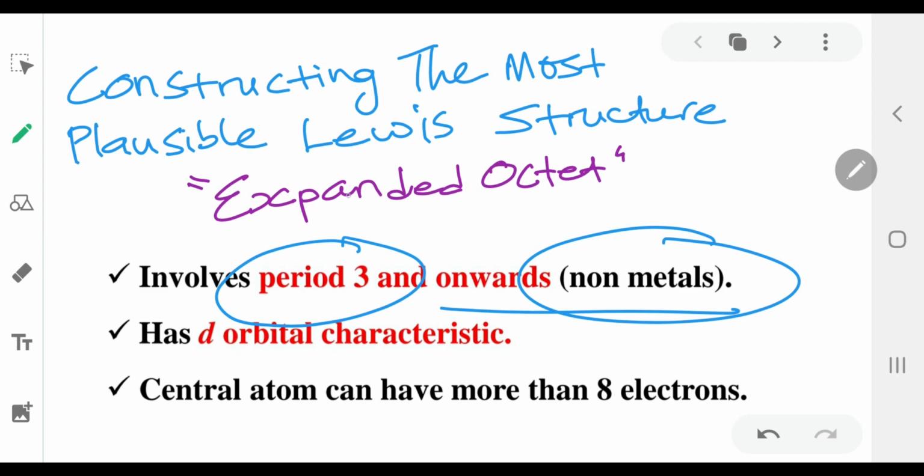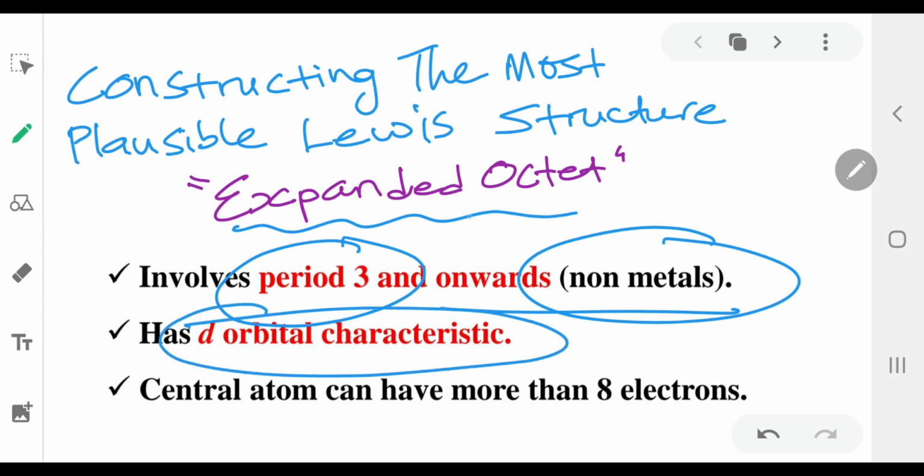Okay, but for the atoms or the elements on period 3 onwards, period 4, 5, and 6, they have the ability to expand the octets because they have d orbital characteristics.